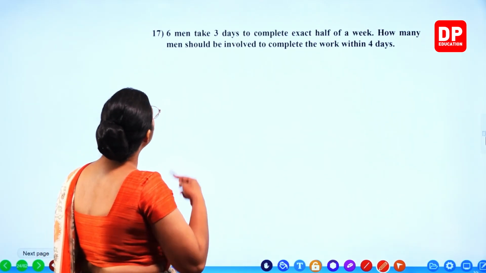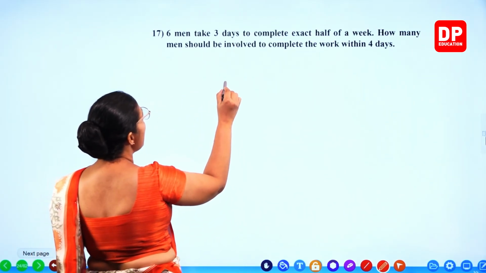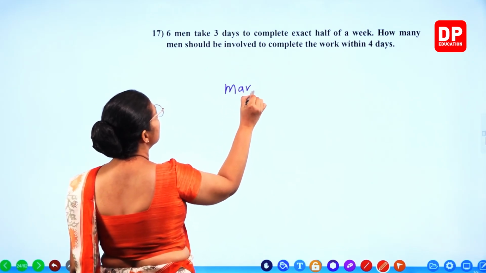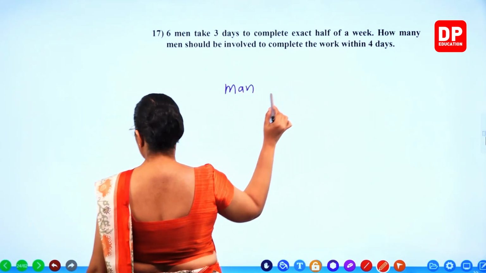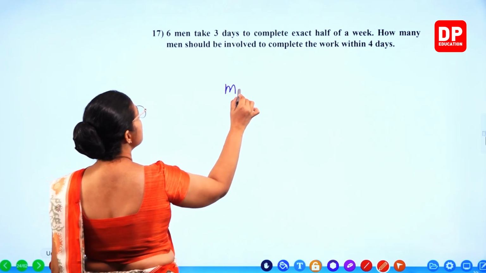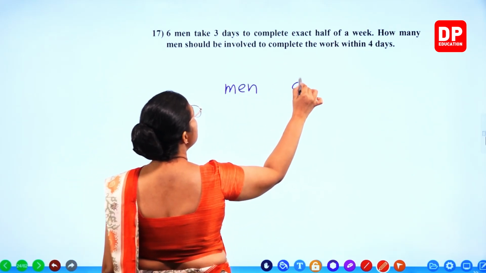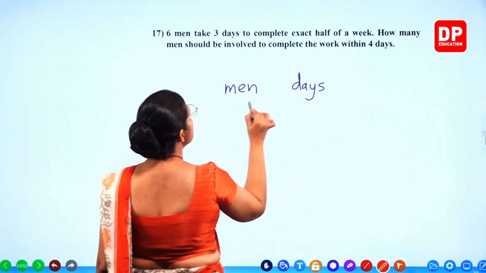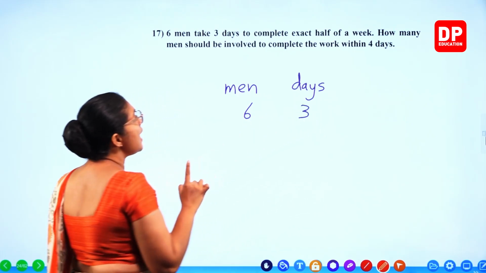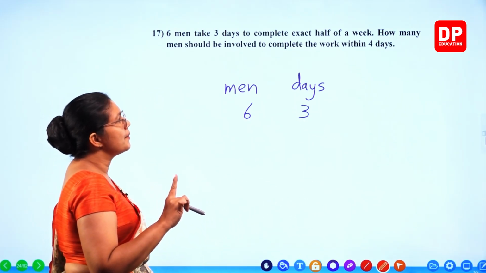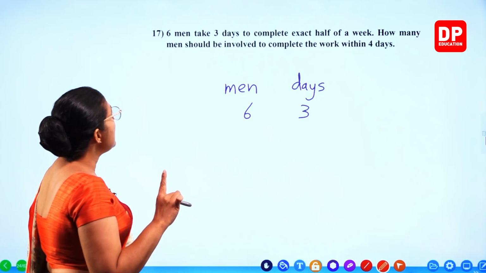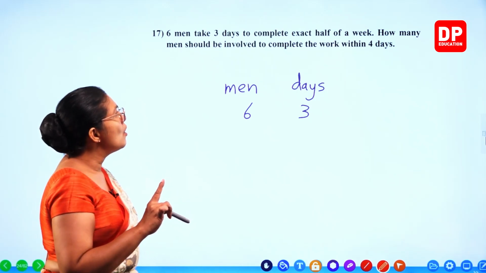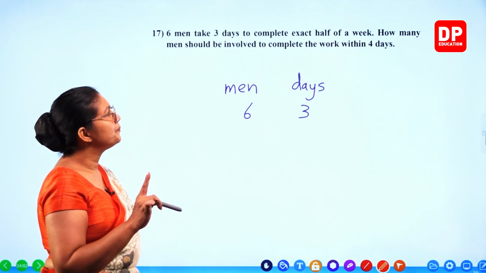Question number 17. So we'll write 6 men take 3 days. 6 men, 3 days to complete exact half of a week. How many men should be involved to complete the work within 4 days?